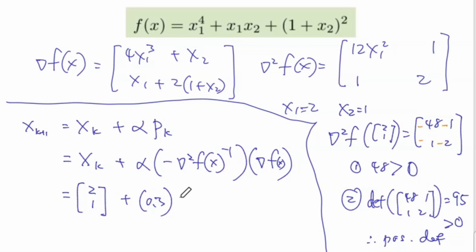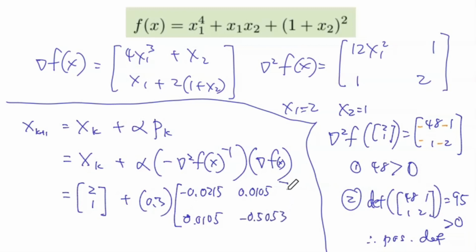I've done it already. This is equal to negative 0.0215, 0.0105, 0.0105, and negative 0.5053. This is the inverse of the Hessian.